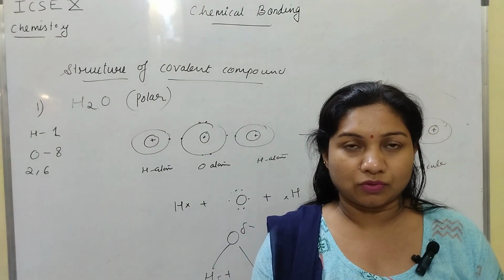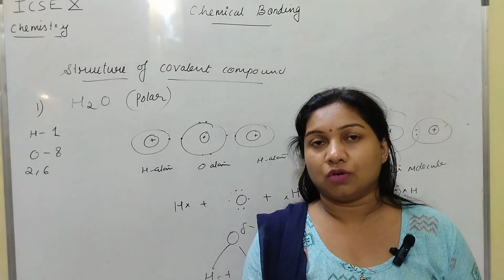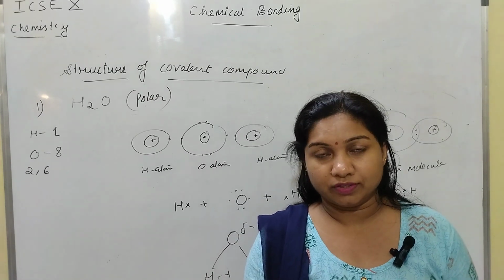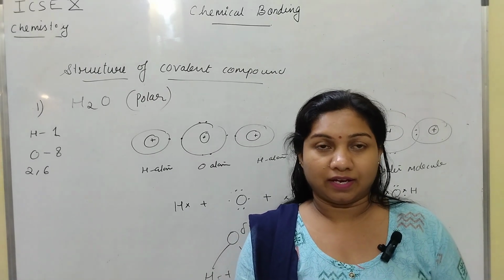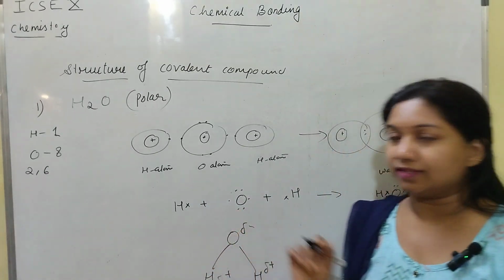What are covalent compounds? By now you will be able to define covalent compounds, how covalent compounds are formed, the three types of covalent bond, some examples, and polar and non-polar covalent bond. This much we have studied till now.